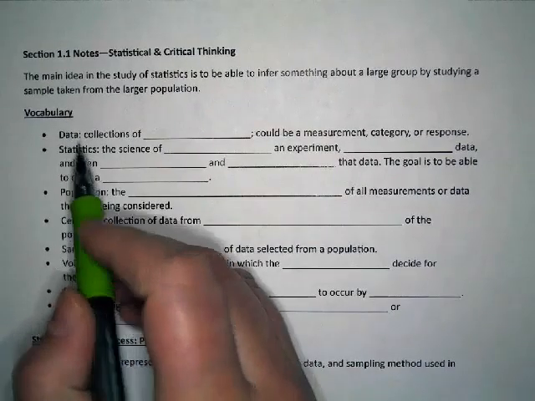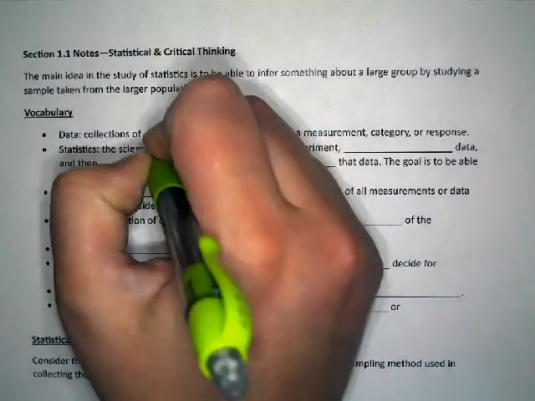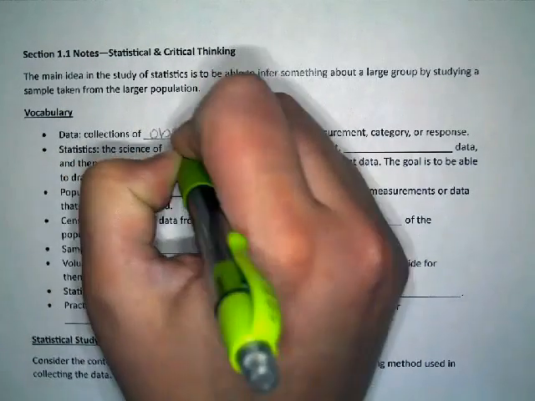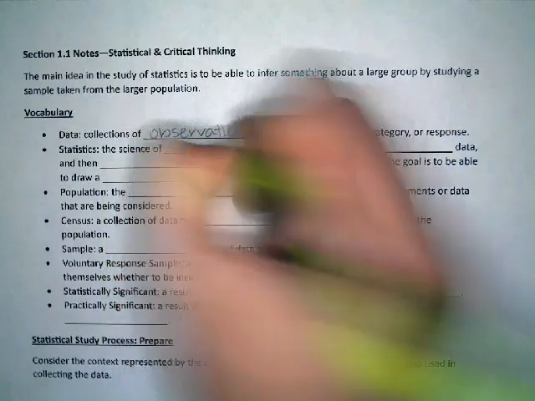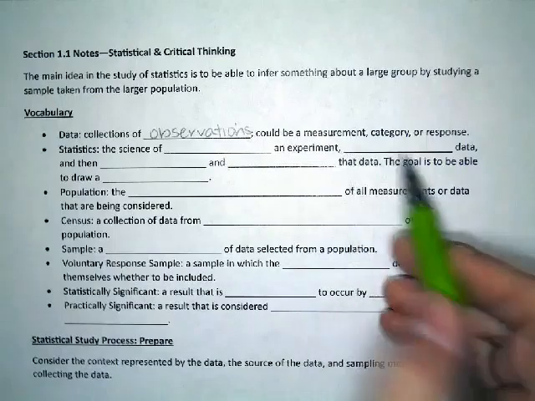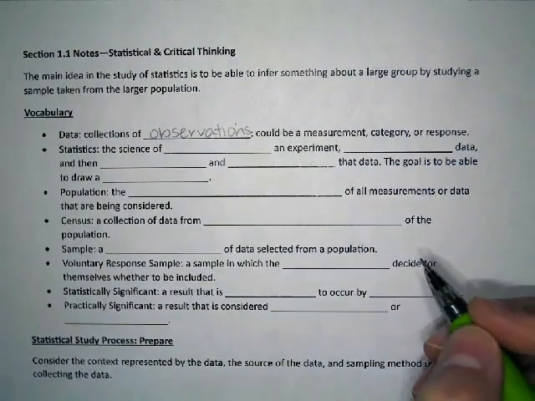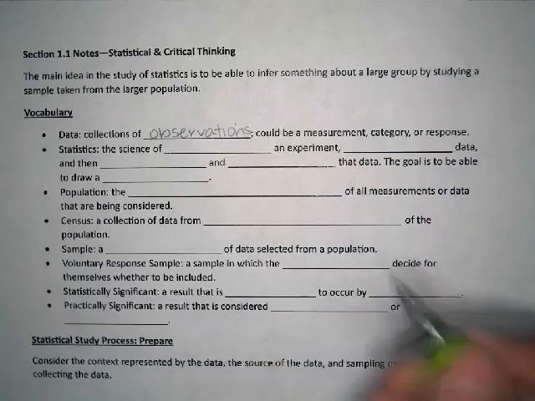First, data is a collection of observations, which could be measurements, categories, or responses. Statistics is a process.